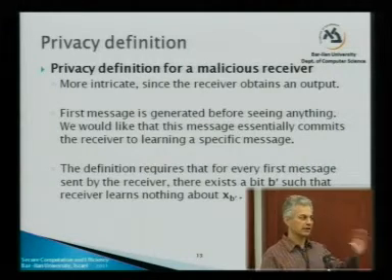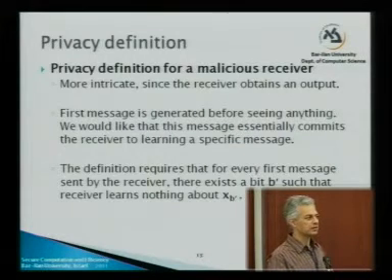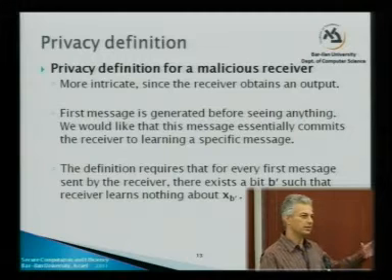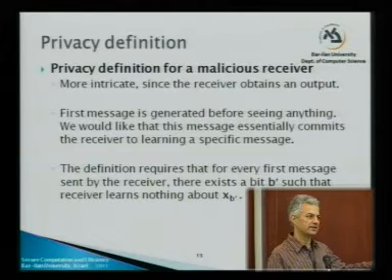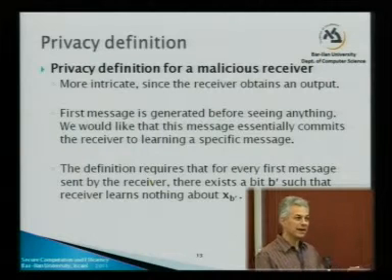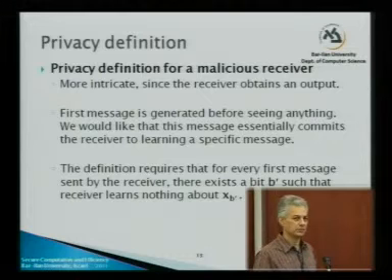So by sending the first message, the receiver doesn't learn anything about x0 or about x1. But it cannot be that this first message enables the receiver to learn a little bit about both messages. It's going to learn just about one of these 2 messages.